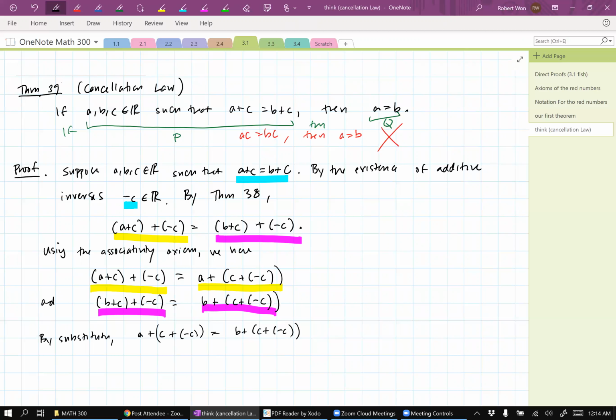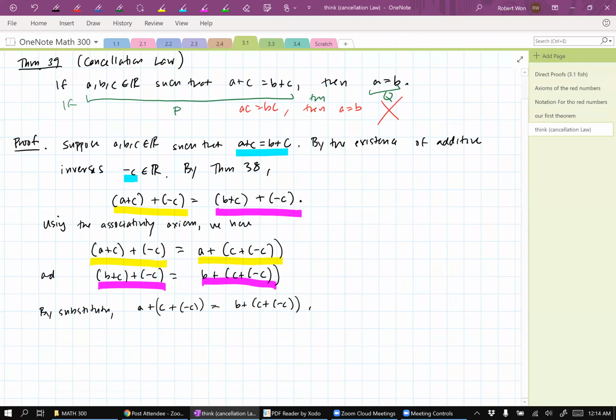Okay. Now, C plus negative C, that's 0 by our definition of additive inverses, by our additive inverse axiom. Okay, so since negative C is the additive inverse of C, C plus negative C equals 0.